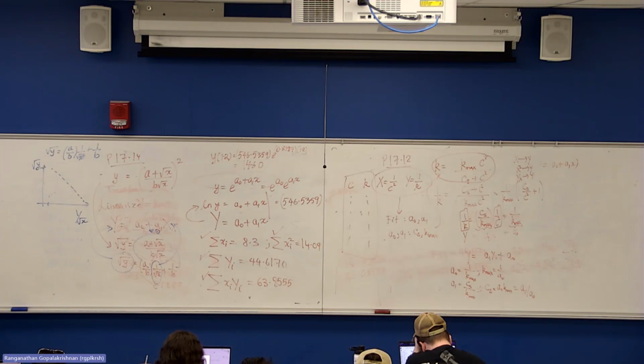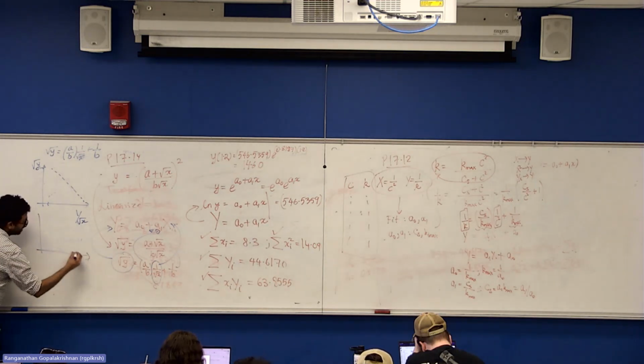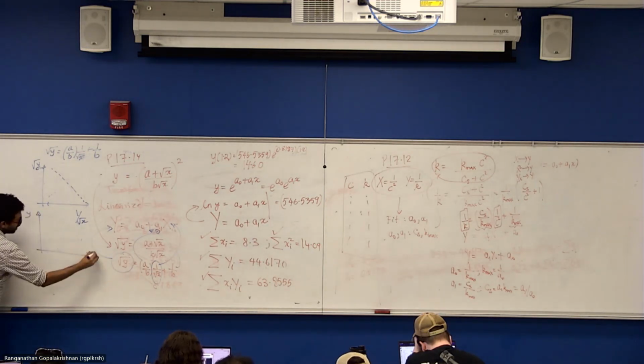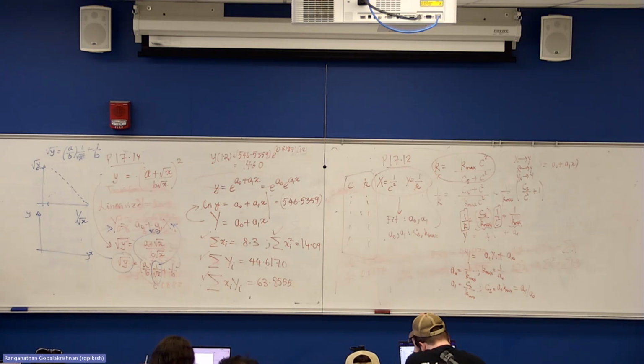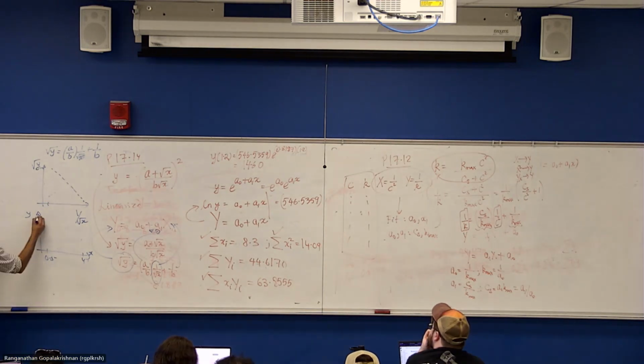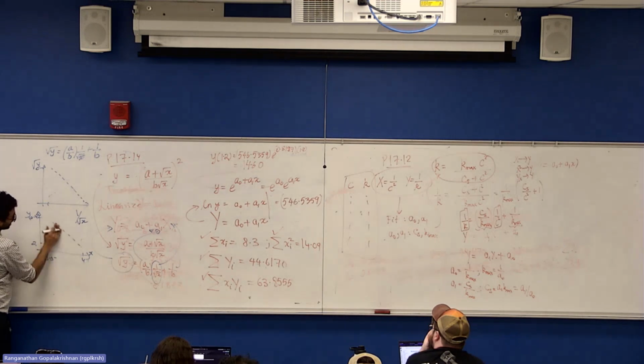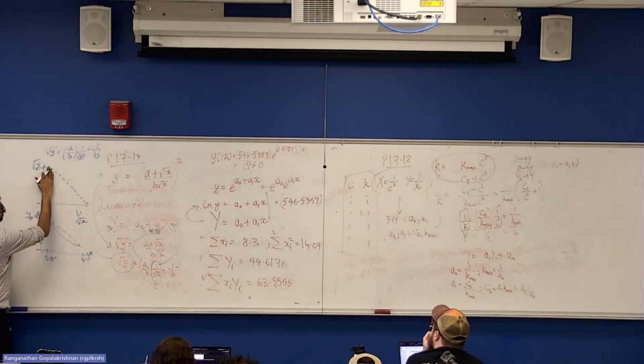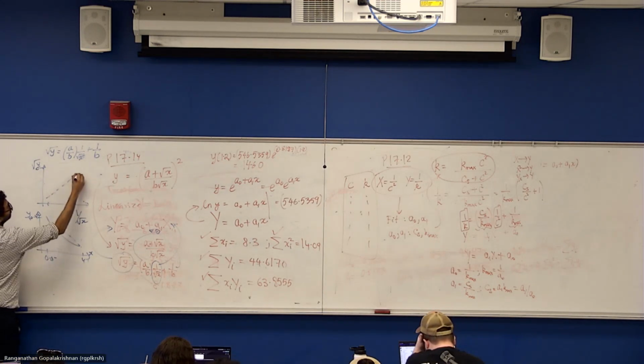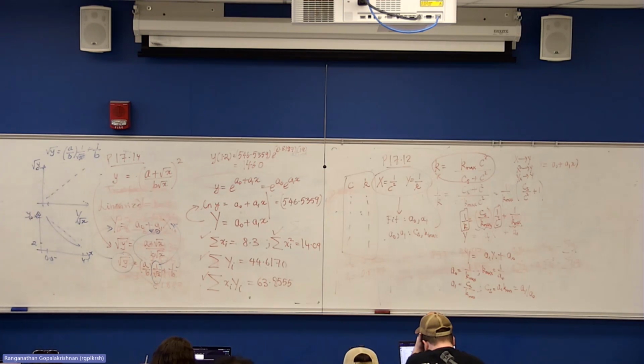The data given in terms of x and y varies from 0.5 to 4, and y values vary from 10.4 to 2. So the original data looks something like this. Maybe I should have drawn it this way, but my point is it is linear.